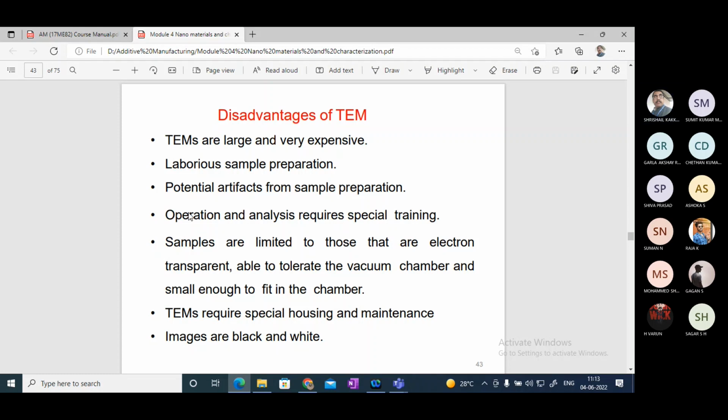Okay. And definitely almost all the mechanisms and systems require maintenance and special housing. I don't say it is one of the disadvantages. All the equipment should be maintained and calibrated. And even the transmission electron microscope loses its accuracy by often using it.